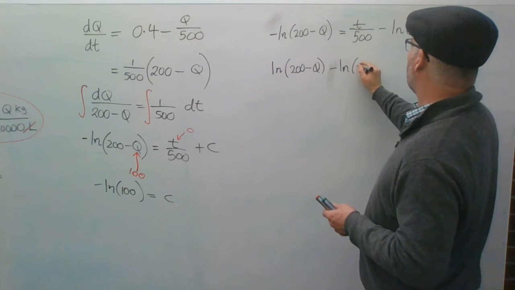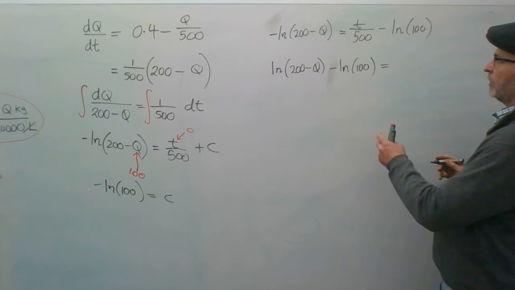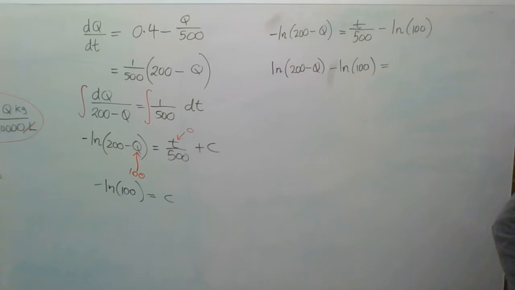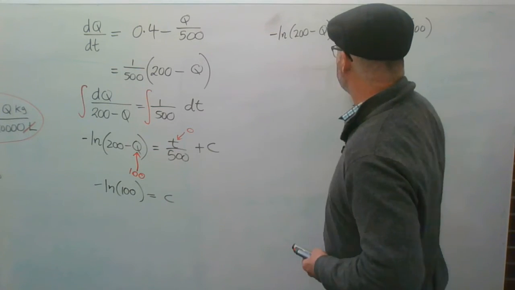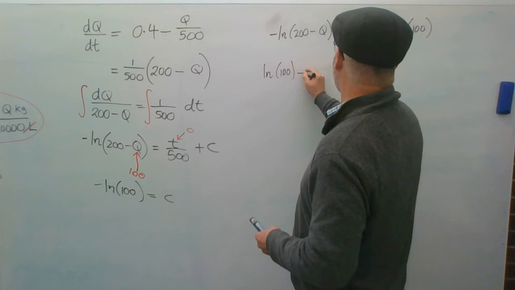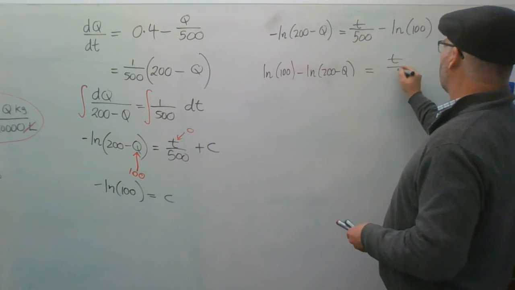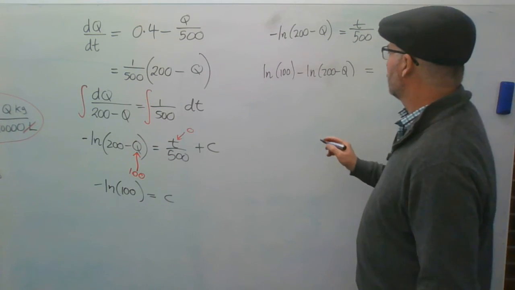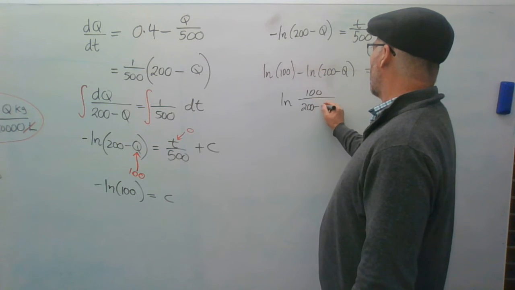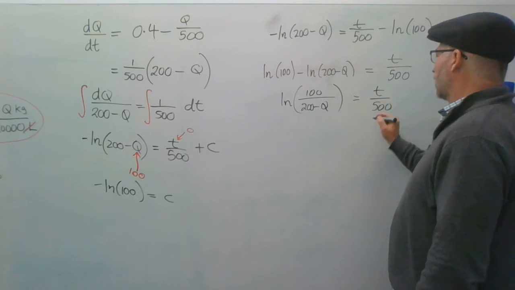I don't know why I decided to change the signs midway. How about we just stick with the signs as they would be? Natural log of 100 minus natural log of 200 minus Q equals t on 500. So that's natural log of 100 on 200 minus Q equals t on 500.